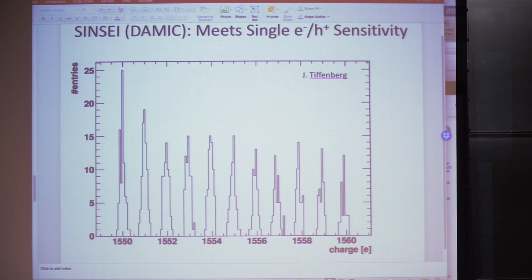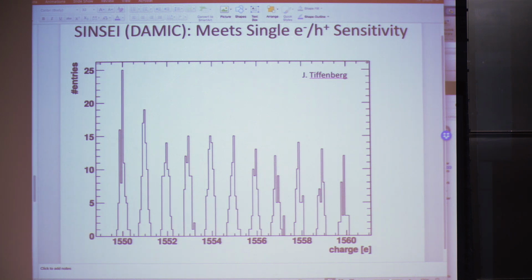So Sensei, which is basically the R&D arm of DOMIC, has actually just shown CCDs with single electron hole sensitivity, shown here. So this is an event with 1,550 electron charges.